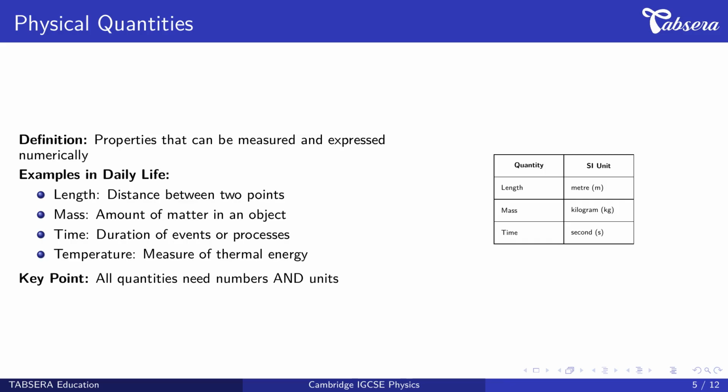The key point is that all quantities need both numbers and units. Saying 5 is meaningless. We need 5 meters, or 5 kilograms. The table shows fundamental quantities with their SI units, which are the international standard units used worldwide in science.